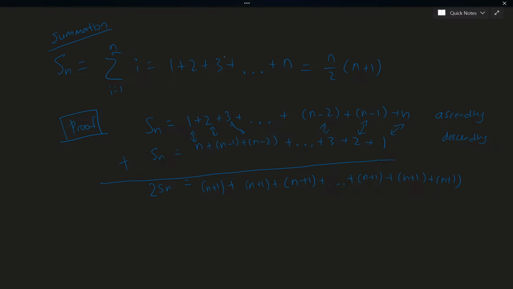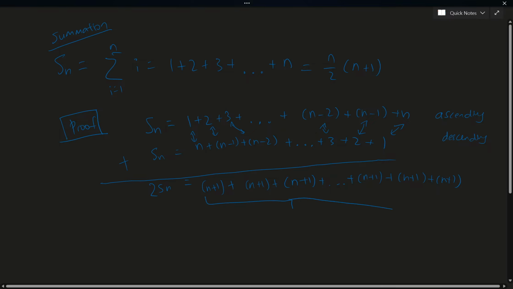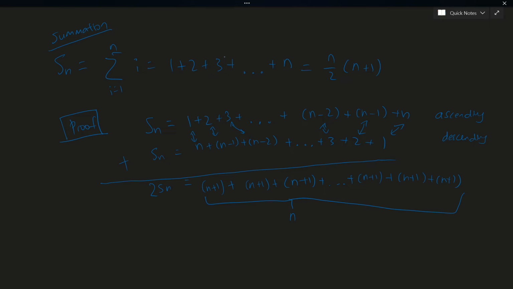In fact, there are n terms of n plus 1, because there are a total of n terms in Sn: 1, 2, 3 all the way to n, and n, n minus 1, n minus 2 all the way to 1. Each has n terms.